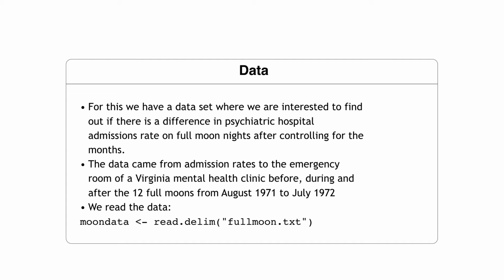Every month has 1, sometimes 2 full moon nights. And here we are only interested in psychiatric hospital admissions. So we are arguing that the psychiatric hospital admissions are higher on full moon nights, but maybe on specific months, because of certain seasons in which the admissions are going to be higher.